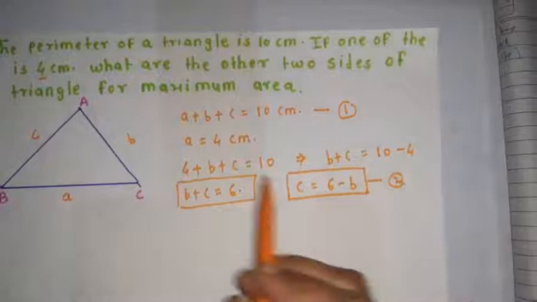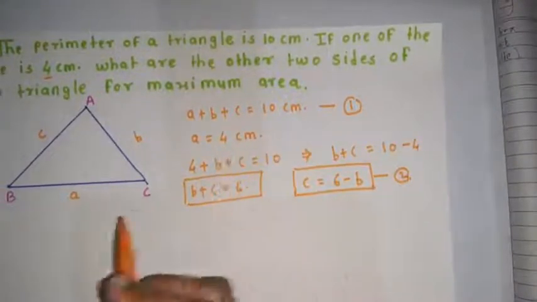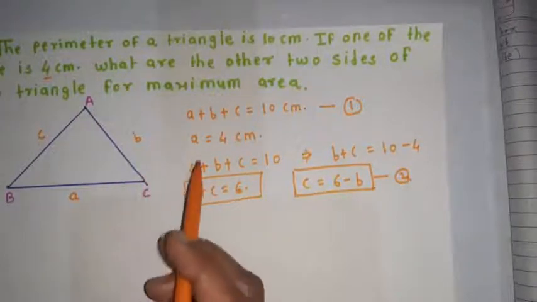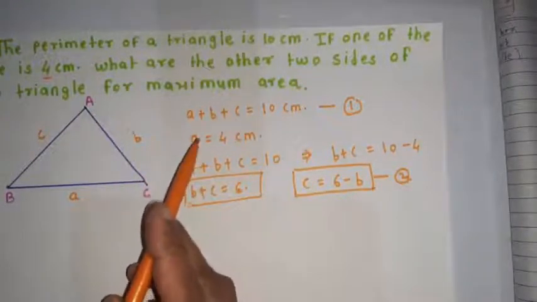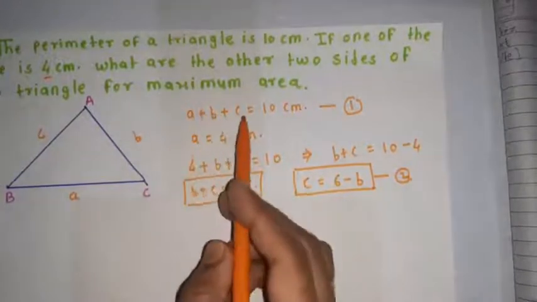And as a plus b plus c equal to 10 centimeter, by using the semi-perimeter formula we can write the formula for area.